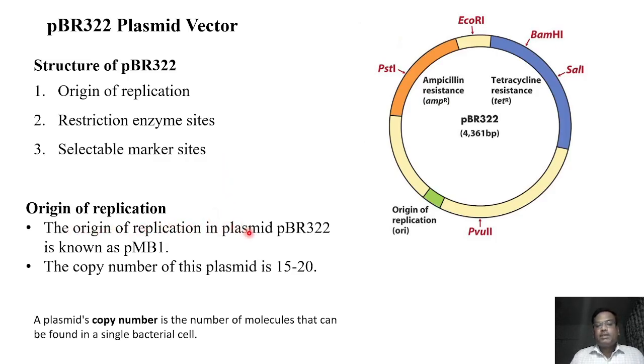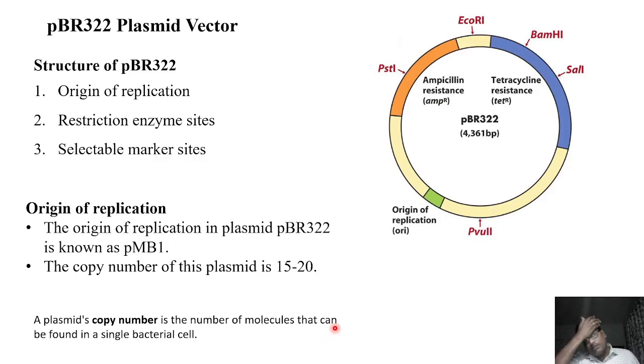The origin of replication in plasmid PBR322 is known as PMB. That is the naming of the site of origin of replication. The copy number of this plasmid is 15 to 20. Whenever we talk about plasmids, we use a term called copy number. What is copy number? Copy number is the number of molecules that can be found in a single bacterial cell.